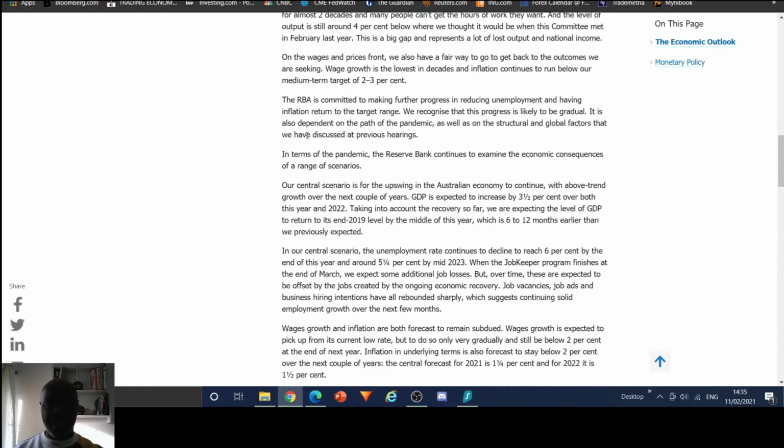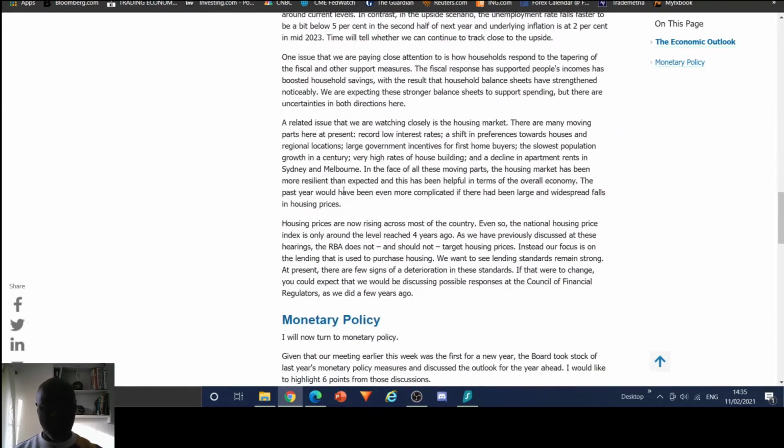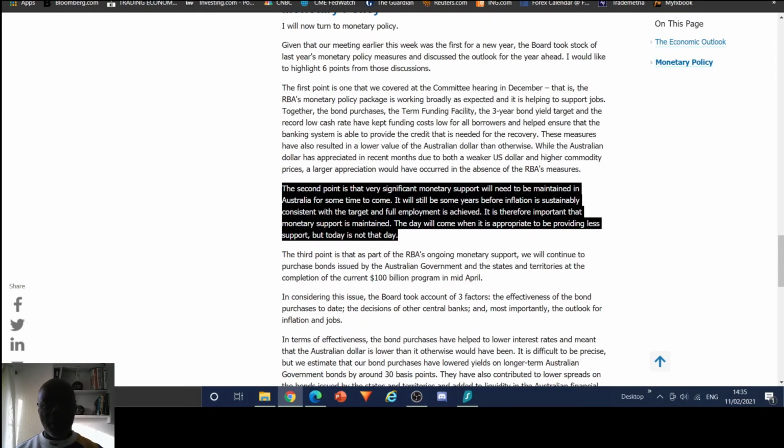So what you have here is the Governor, Philip Lowe, saying to the government and to the press that it's important that monetary policy is maintained. Remember a central bank's aim. What's the RBA's aim in this case? Because the RBA is the central bank that we're talking about.